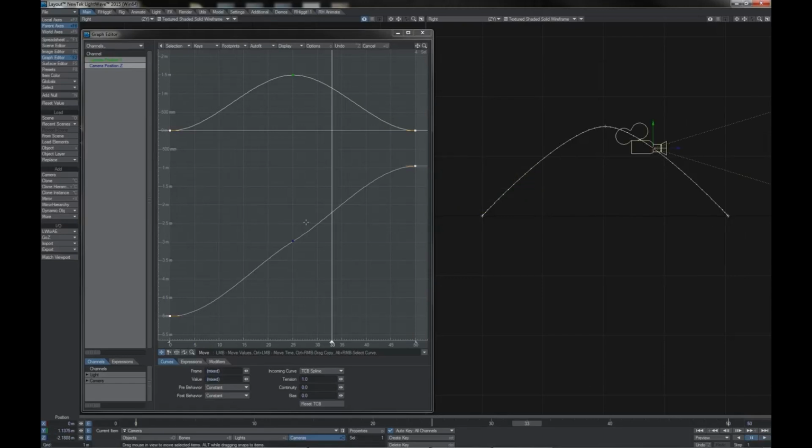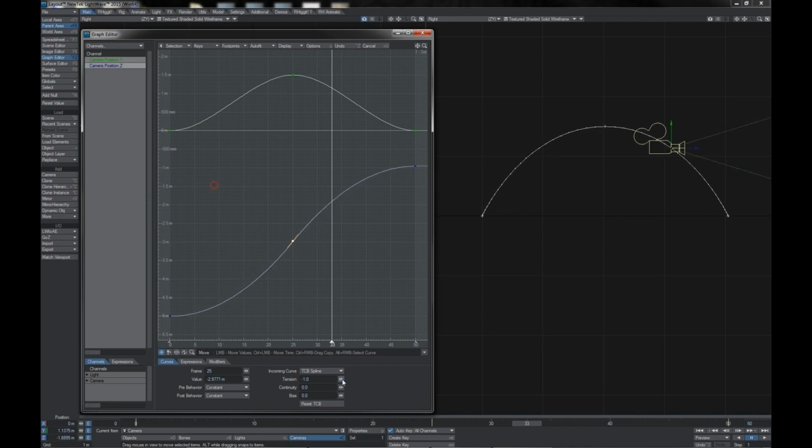Another interesting way that you can manipulate a TCB and make use of a TCB is when you have a situation such as we see here in the Z position, where I have two keys spaced apart, one higher, one lower, and an in-between between them. If I'm wanting to slow out or slow in to either of these frames, this in-between frame here, I can actually give negative tension, and what you see that does is to accentuate the smoothness of the ease in and ease out like that.